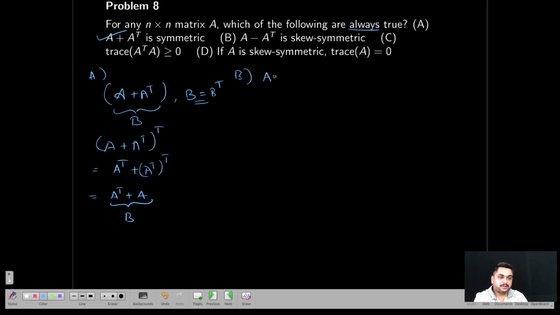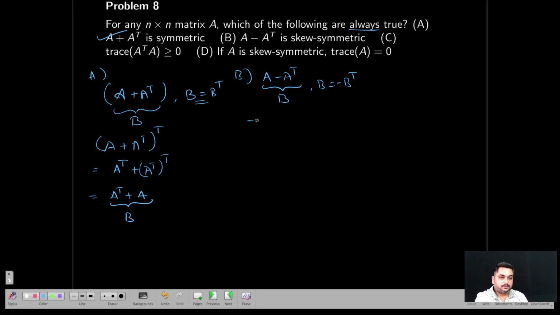Now test B. We are saying A minus A transpose is skew symmetric. For skew symmetric, let us assume this as B. So B should be equal to minus B transpose. Okay. Now, what is B? So let us take the transpose of this.